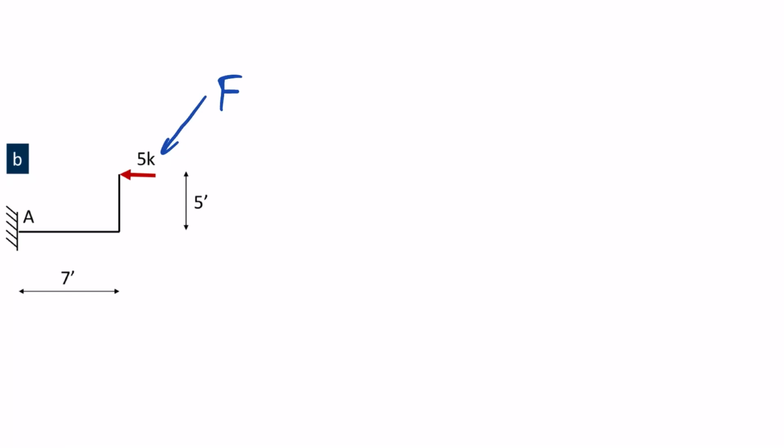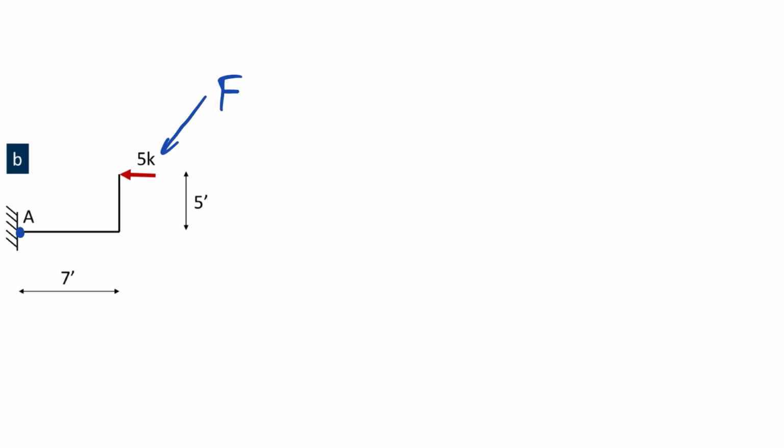How can you answer that? You just draw a line from the point perpendicular to the force. If you draw from here to here, it will be parallel. You cannot get the perpendicular distance, so this line is not correct.